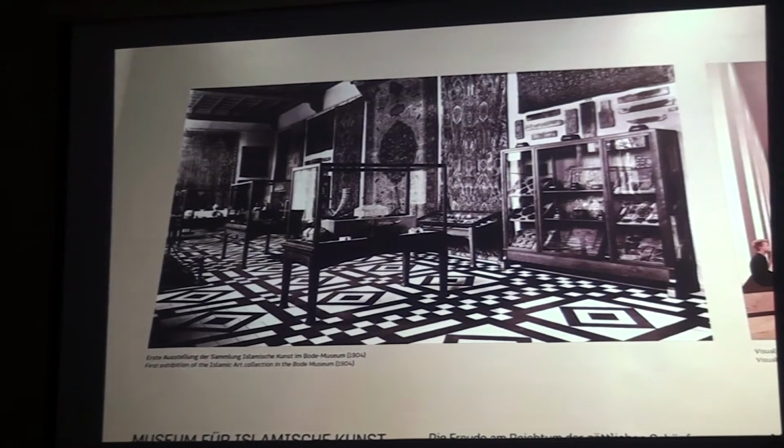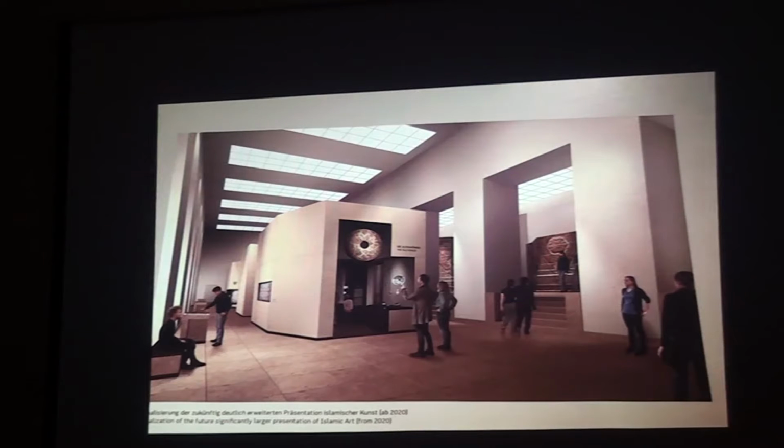Even before the 1910 exhibition, which was a big exhibition in Munich, there were carpets on the wall, and they placed objects that looked similar together. This is how it was, and this was in the Bode Museum, the Islamic art collection. And then the picture next to it is an image of what they expect their galleries to look like.